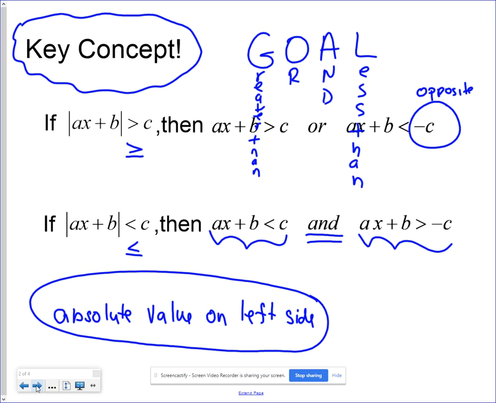So basically, if you have absolute value is greater than, these two letters in the word goal are G and O. That means you're going to use or. If you have absolute value is less than, well, less than starts with an L, you're going to use the word and, which starts with an A. This is a way to remember this.